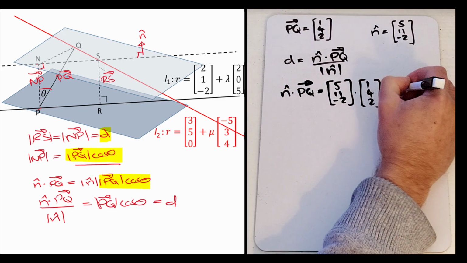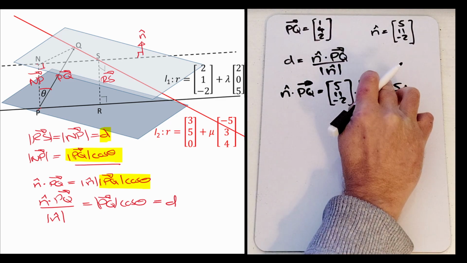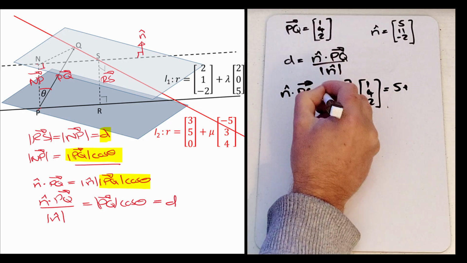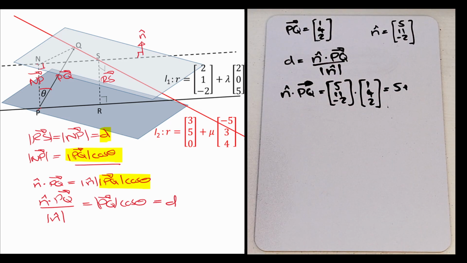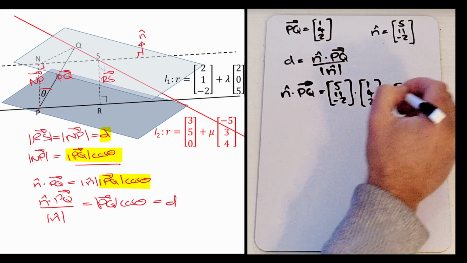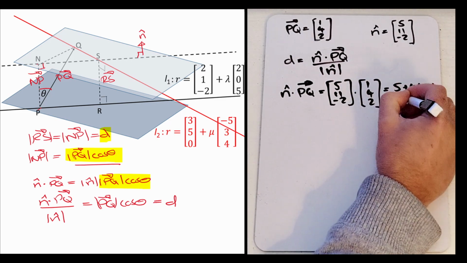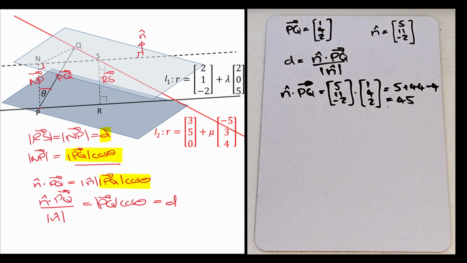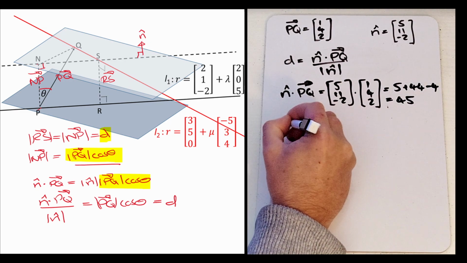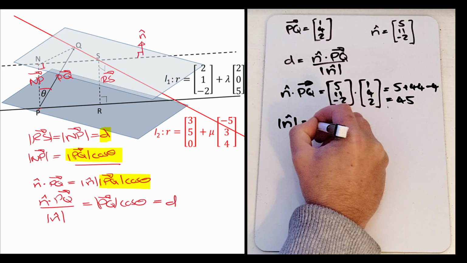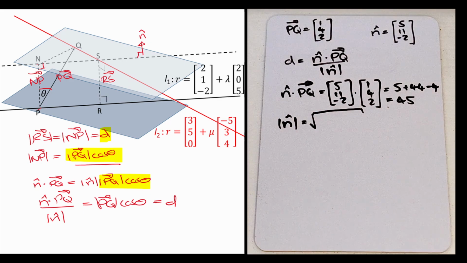and that will give us 5 times 1, plus, whoops, I should have got equals, same over here. 5 times 1 is 5, plus 11 times 4 is 44, plus -2 times 2, which is subtract 4, so our dot product is actually equal to 45. And now what we need to do is determine the modulus of our normal vector.